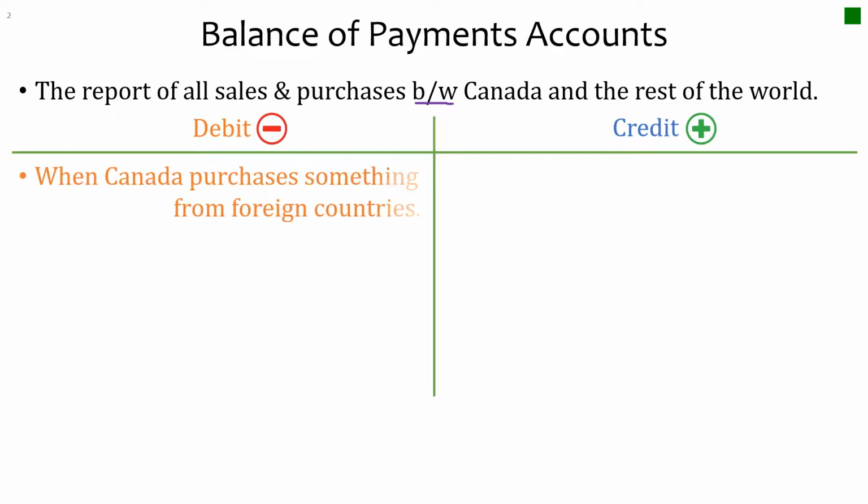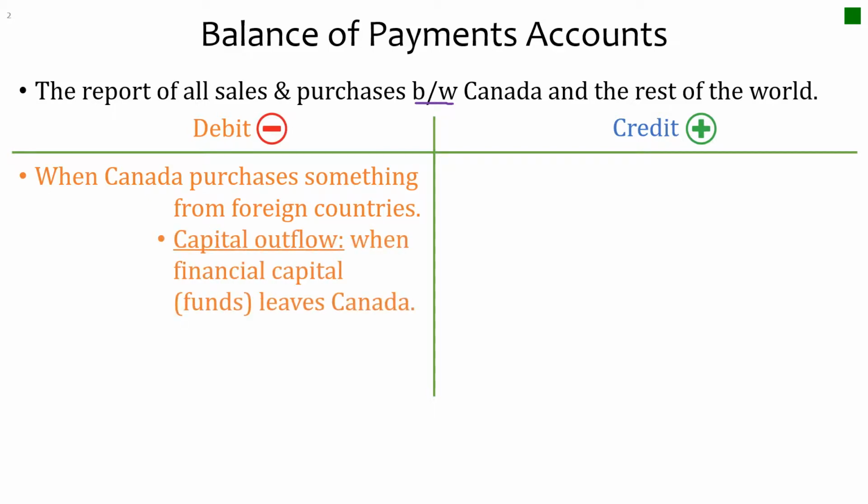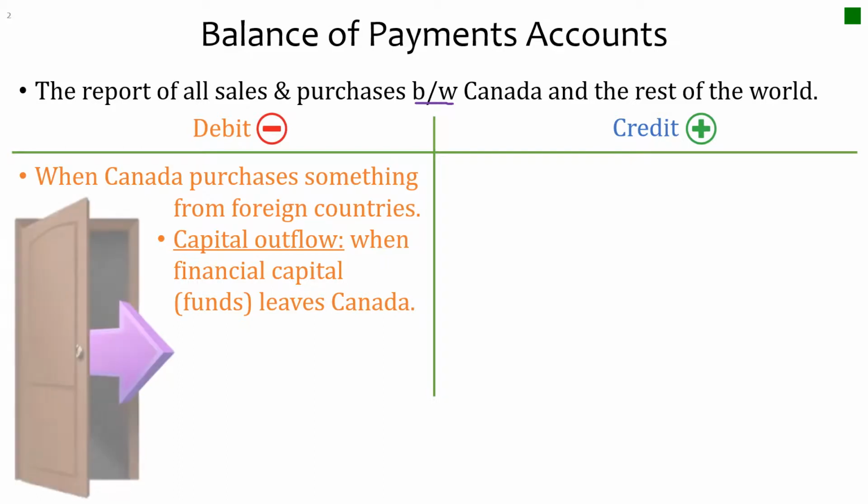So a debit would be when Canada purchases something from foreign countries, or when there's a capital outflow, which is when financial capital leaves Canada. Financial capital, you can think of it as funds or financial assets. It's basically when we purchase something, so we have to pay others.